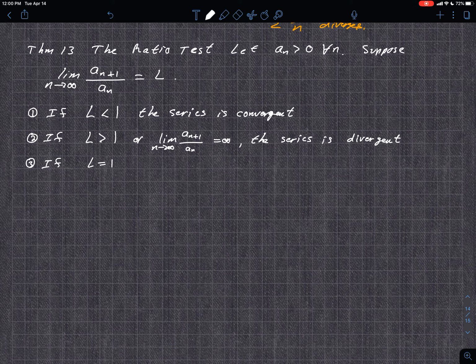And three, this is the one you don't want to have. If L is equal to 1, what would you say? There's no conclusion. Apply a different test.